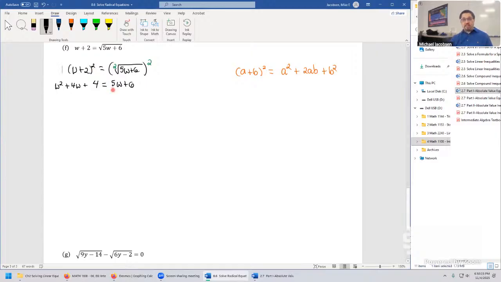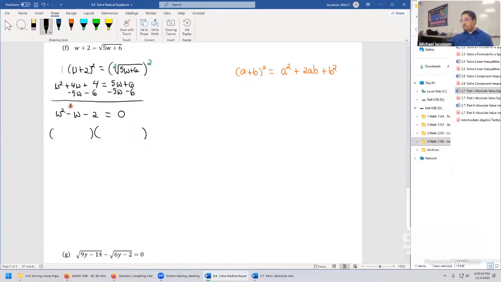We now need to subtract 5w and 6 from both sides. Now it's a polynomial equation on the left. W squared minus w minus 2 equals 0. So we've come from a radical equation, which is pretty abstract, to something more concrete. It's now a quadratic equation, but still complicated because you can't isolate the variable w.